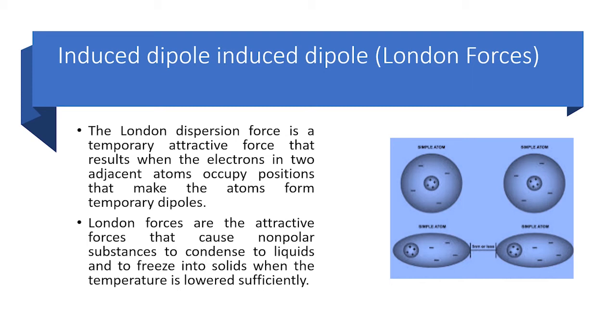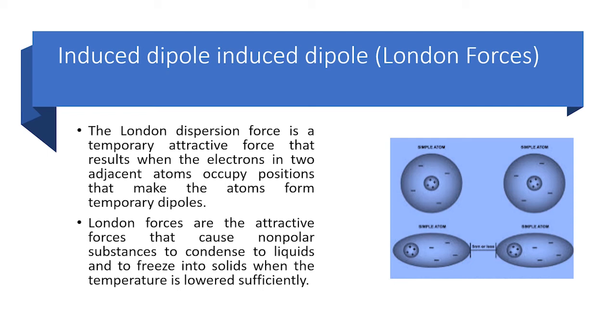That means a non-polar molecule develops an instantaneous dipole and it induces a dipole in the neighboring molecule also, and these are associated by this induced dipole interaction. These interactions are called London forces or van der Waals forces. So these are the different types of secondary forces.